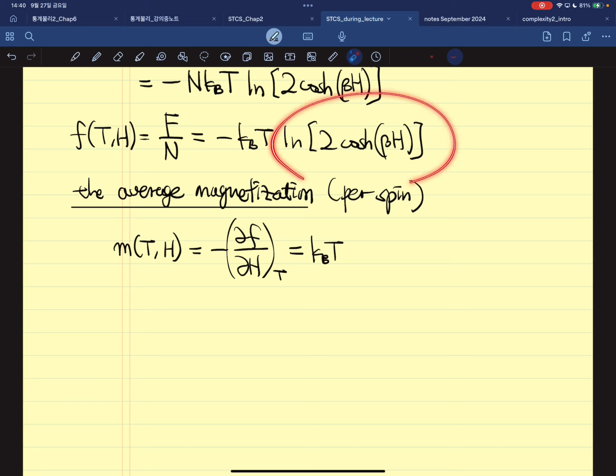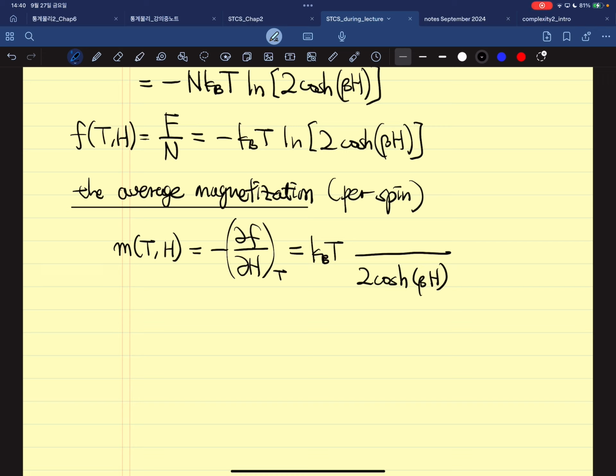And let's take the derivative of this composite function. It's something in the logarithmic function, so it's in the denominator first. And then as a result of the chain rule, we have to take a derivative of this twice the hyperbolic cosine function.